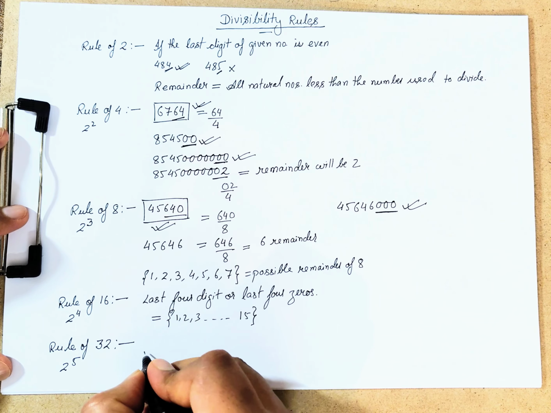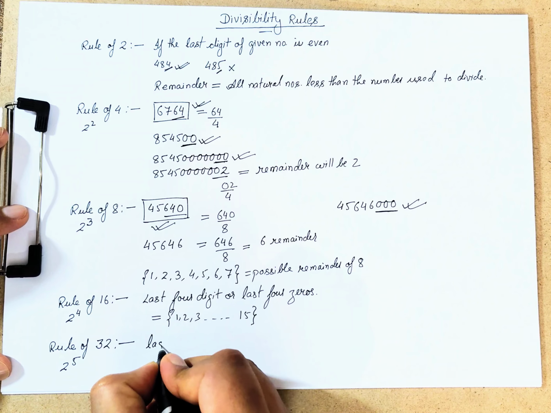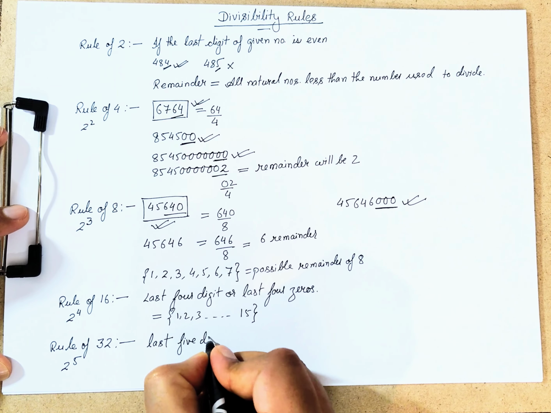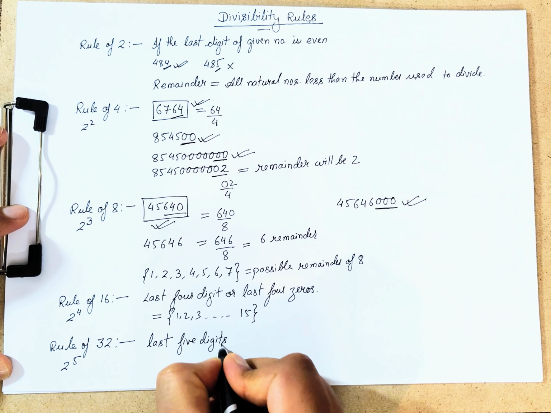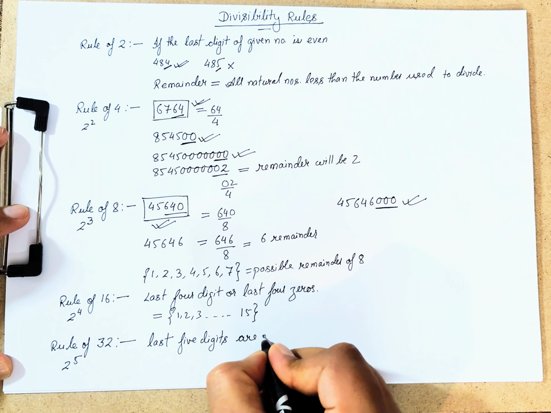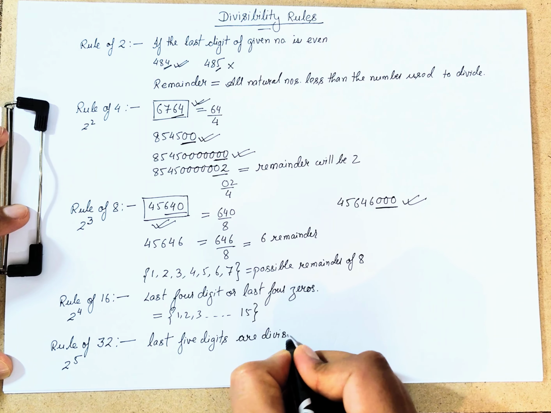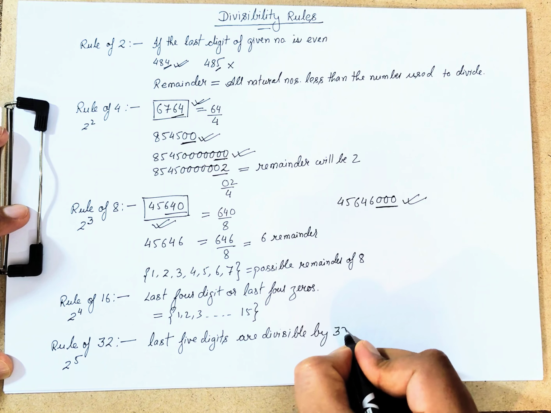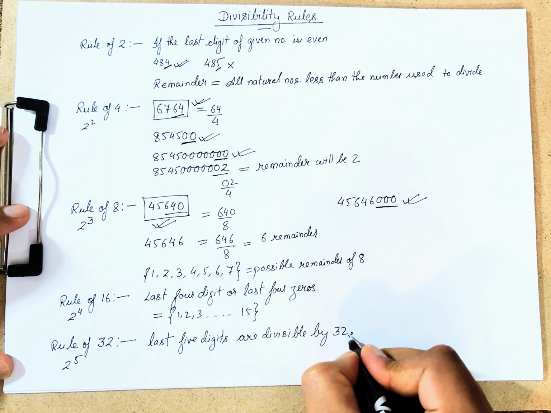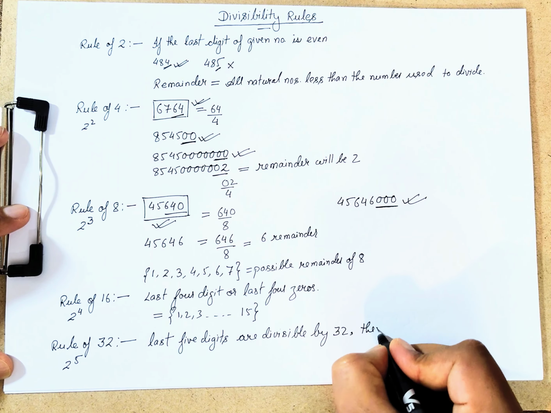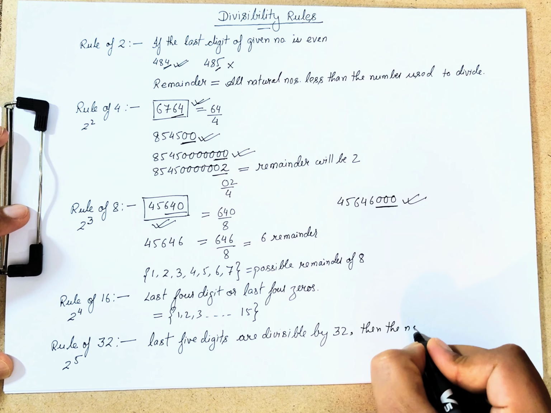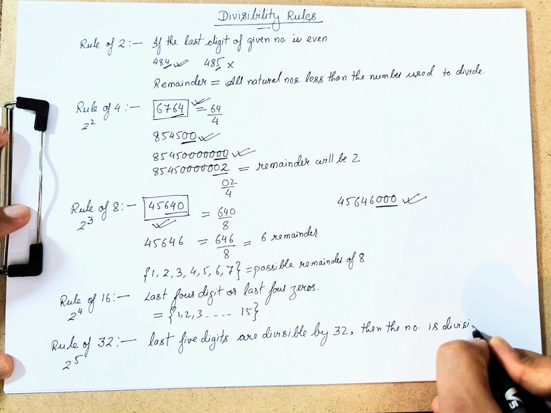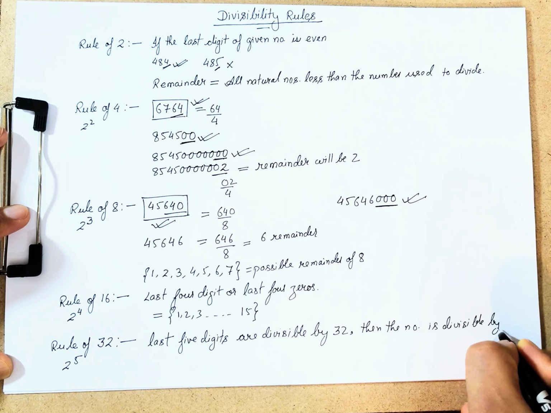That means if the last 5 digits are divisible by 32, then the number is divisible by 32.